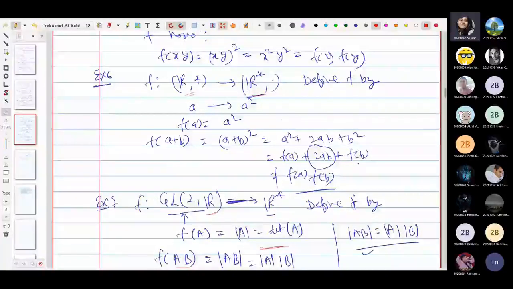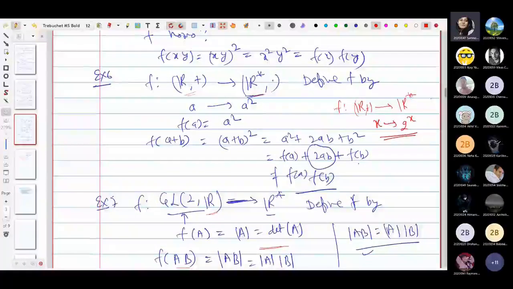You can define another function f from R to R star, where R means the group under addition, R plus. Define it so that any real number x is mapped onto 2 to the power x. Then you can verify whether it is a homomorphism or not. This is left as an exercise. You can try it out.